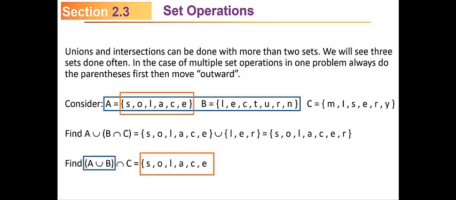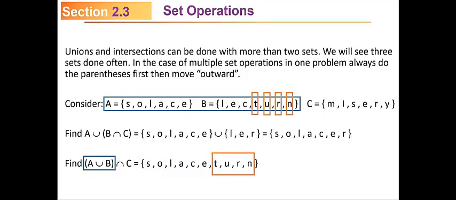So A union B, there's an S, there's an O, there's an L, there's an A, there's a C, there's an E in A. And then when you look over at B, you've already listed some of the letters, but you do have some extra letters that weren't listed earlier, in particular a T, a U, an R, and an N.